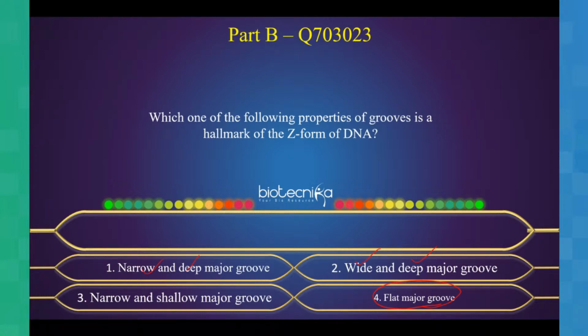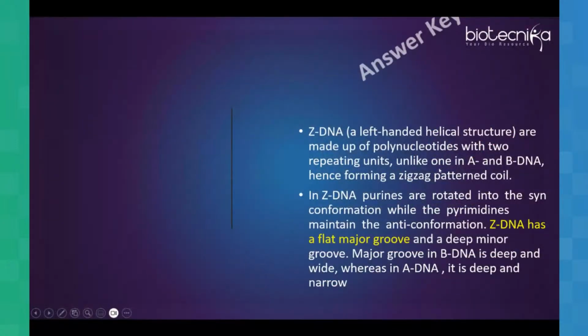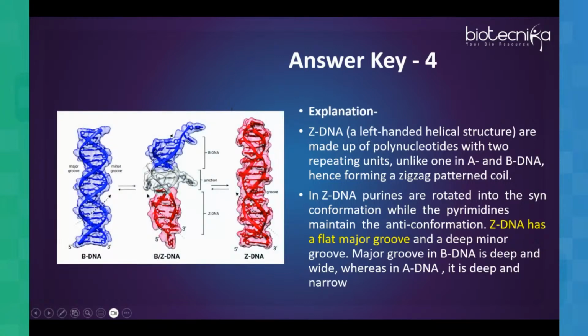The reason is that Z DNA mostly is formed by a sequence with alternating CG bases, and these CG bases are in alternating glycosidic conformations. You would know about syn and anti, right? So in Z DNA, the purines are rotated into the syn conformation.